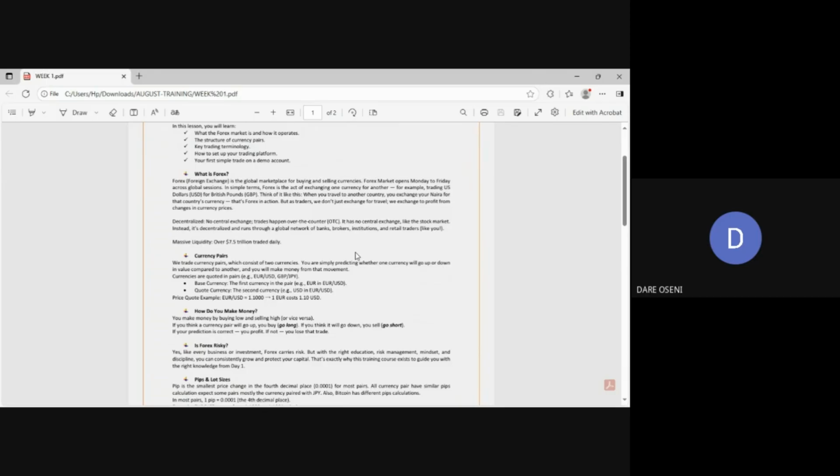Okay. So if the price quote, for example, is maybe 1.1, euro USD equals 1.1. That is, 1 euro will cost $1.1.